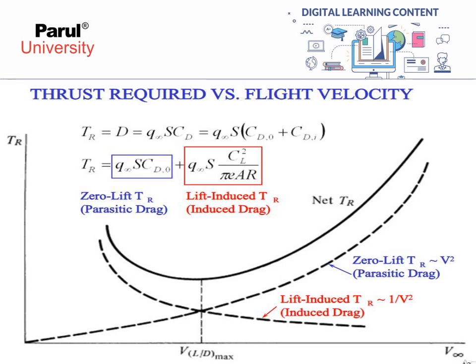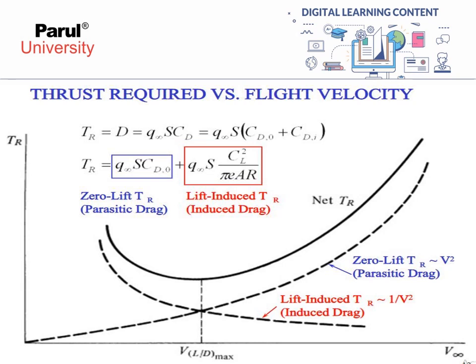Now we can see in the graph, between thrust required and V infinity, the net TR, meaning total thrust required, is equal to the summation of the zero lift thrust required plus the lift induced thrust required, or we can say parasite drag plus induced drag. You can see the dotted blue line; this dotted line represents the zero lift thrust required, a function of V squared, which is the parasite drag.